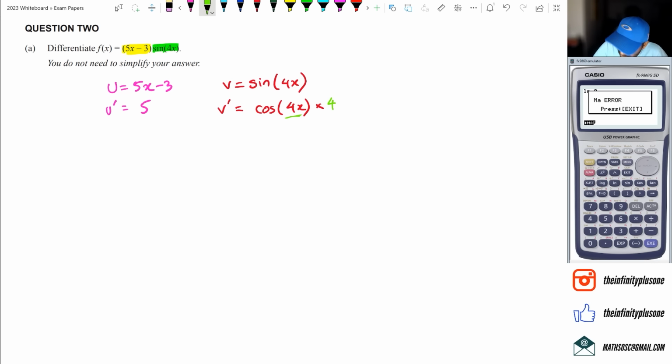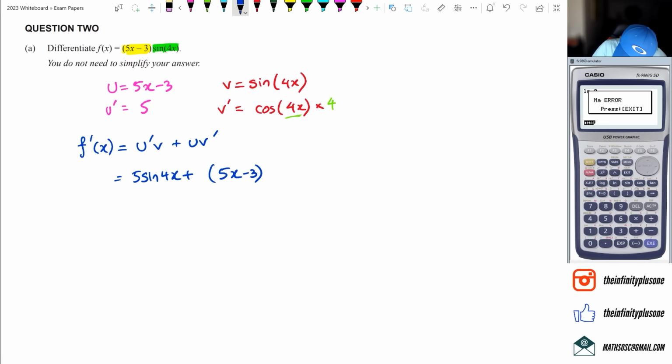So f dash of x is equal to u dash v plus uv dash. We're going to get 5 sine 4x plus u, which is 5x minus 3, multiplied by v dash, which is 4 times cos 4x.